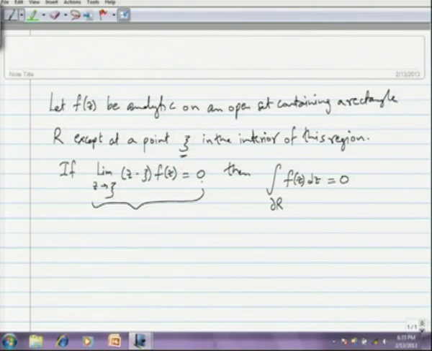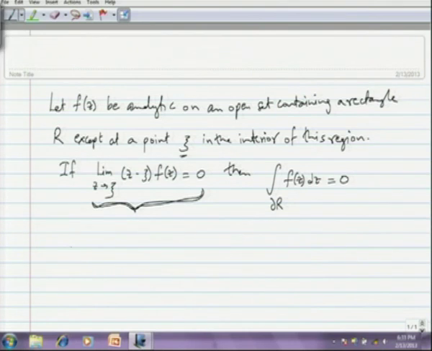Then it is still true that the integration on the boundary of R of f of z dz is going to give us 0. Okay. So, we will decode this mysterious condition later, but for now this can be considered as a slight extension of Cauchy's theorem. Okay. So, let us see why this is true.